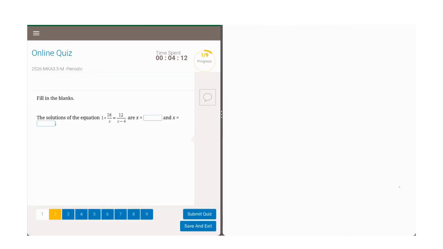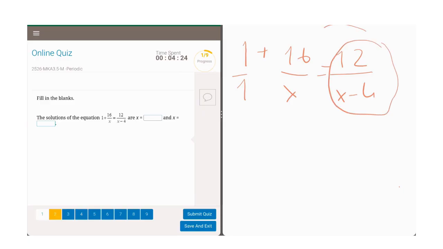So for this one, we have 1 over 1 plus 16 over x equals 12 over x minus 4. To make this easier, I'll take 12 over x minus 4 and move it to the other side. So we can rewrite this as 1 over 1 plus 16 over x minus 12 over x minus 4, all equal to 0.